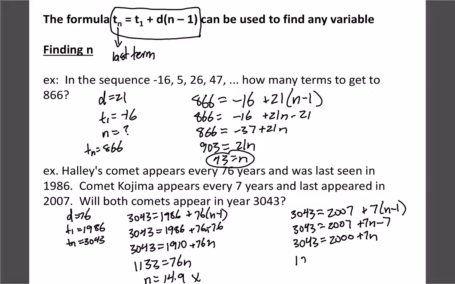Move the 2000 over. So we have 1043 divided by 7 gives us 149. So that one will happen in 3043 because it's a whole number. Halley's Comet won't because we get a decimal.